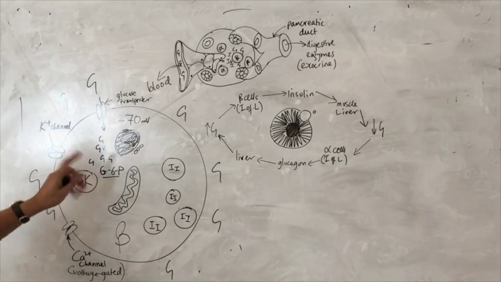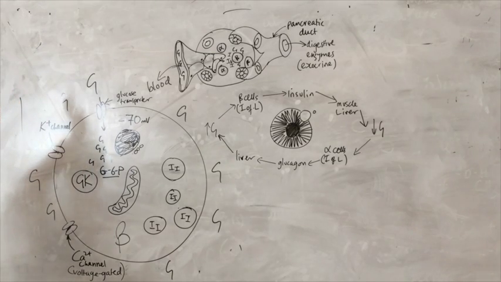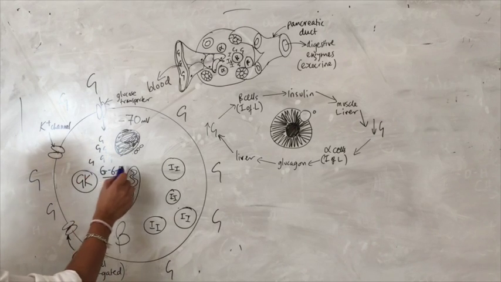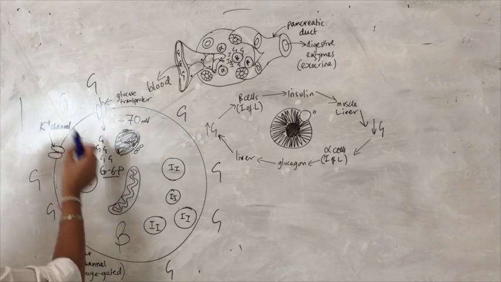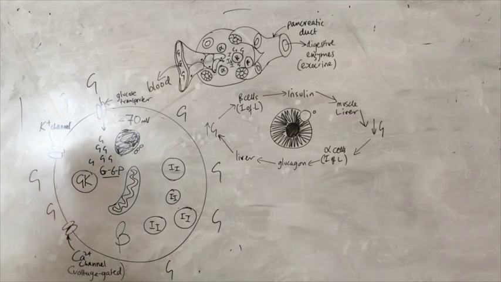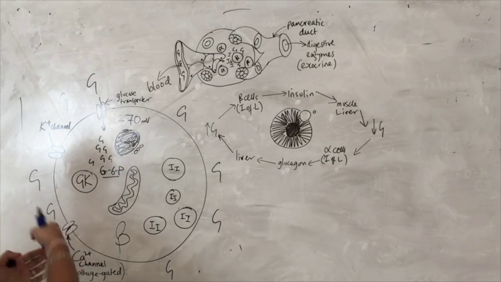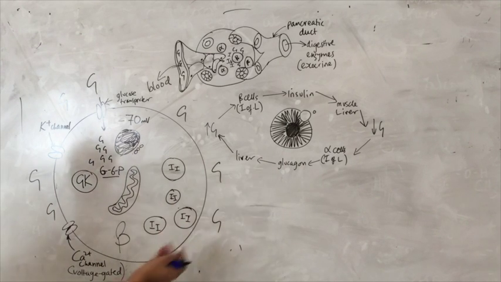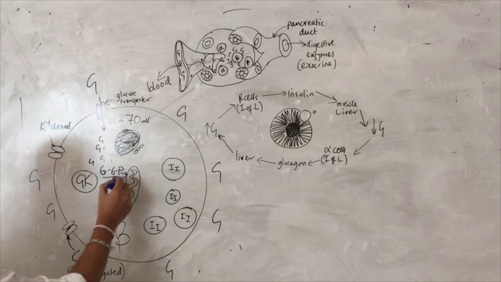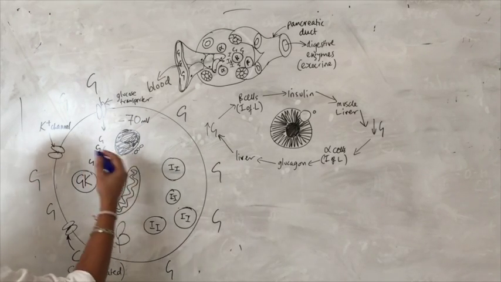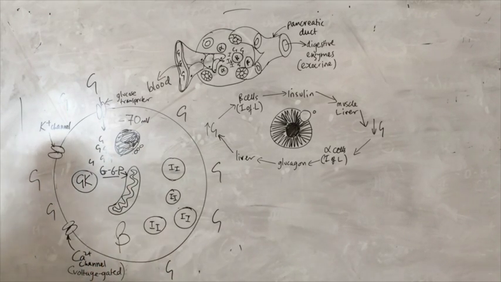Now this glucose 6-phosphate can't go back out. It's locked in. And also, once you phosphorylate glucose and add a phosphate group to it, converting it to glucose 6-phosphate, it is then committed to entering the respiratory pathway, the aerobic respiration pathway via the mitochondria.